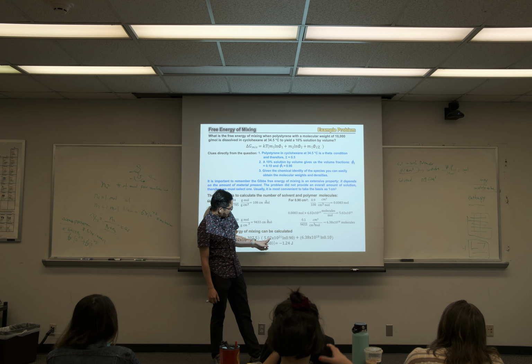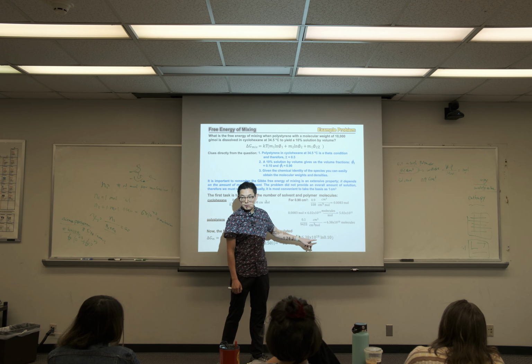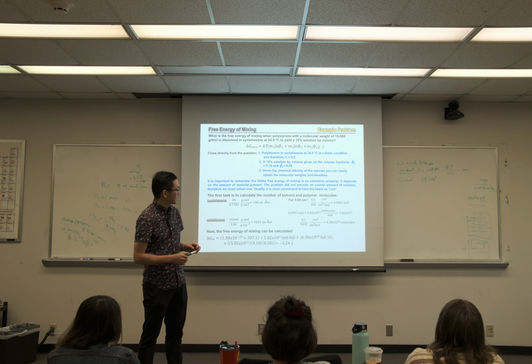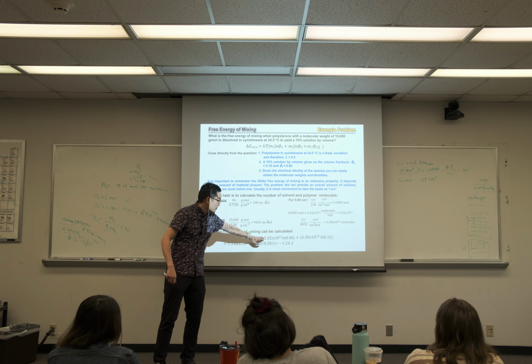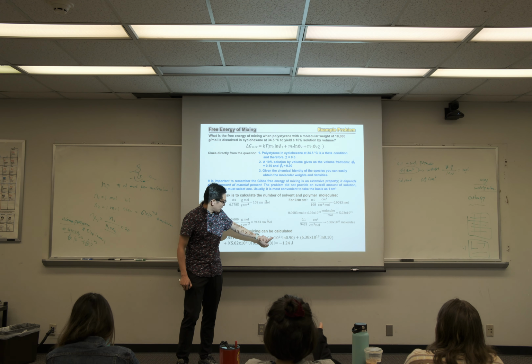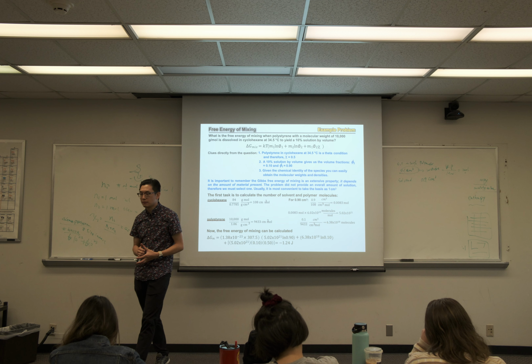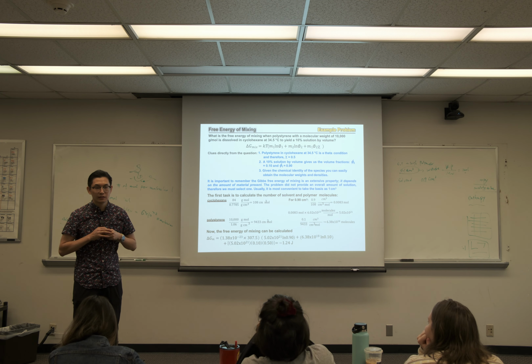If you see, this is 5 times 10 to the power of 21. This is 10 to the power of 18. So the entropy of mixing in this case plays quite a big role. It's mostly coming from solvents. So the solvent entropy of mixing is actually larger than the chi term. That's why it can promote the system into the mixed state.